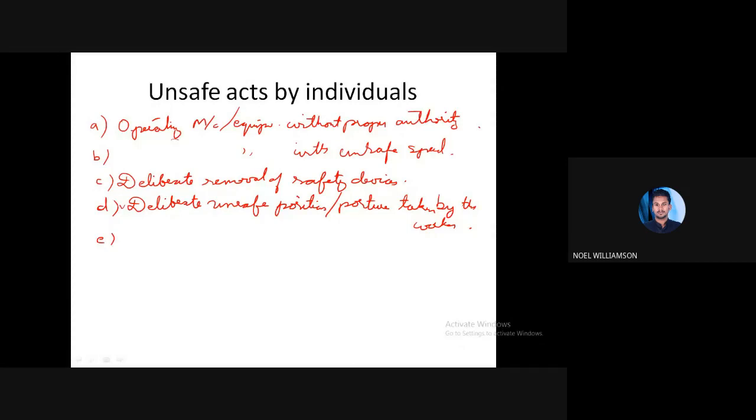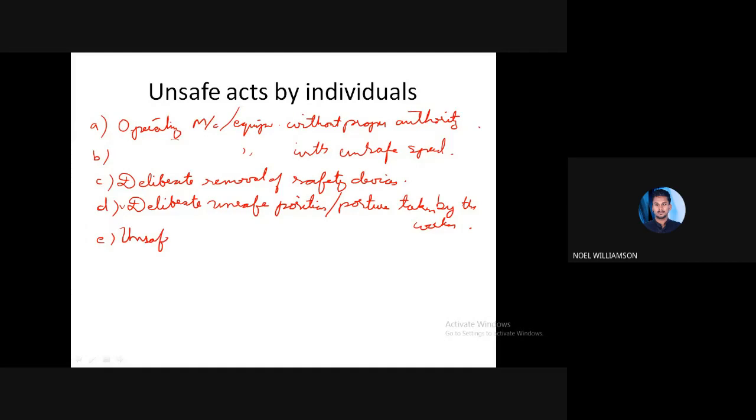It should not be done in that manner, but we deliberately do it, or sometimes unknowingly, without proper knowledge, we opt for the unsafe manner. Then, in that case, accidents may happen. So that is the fifth point.